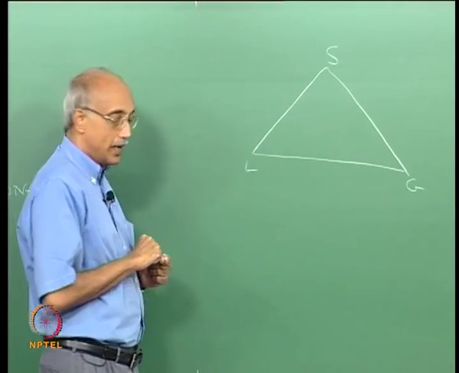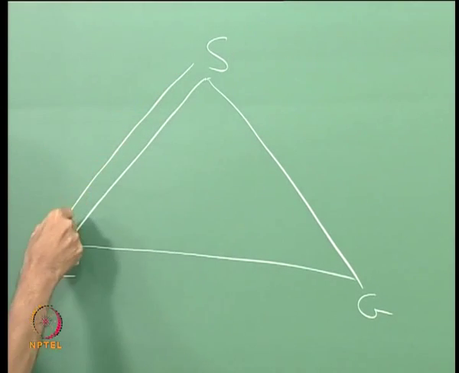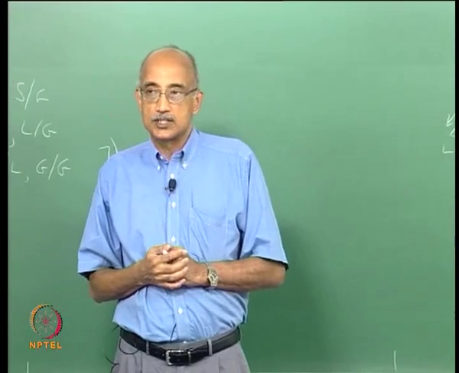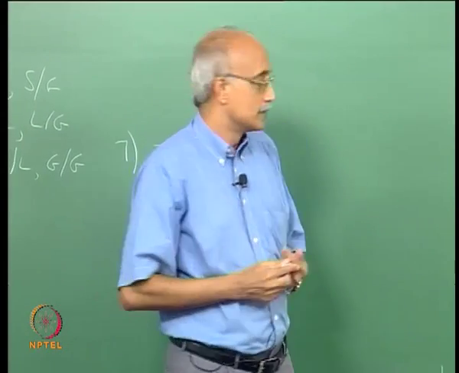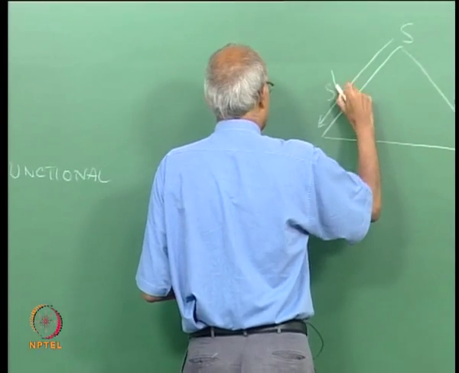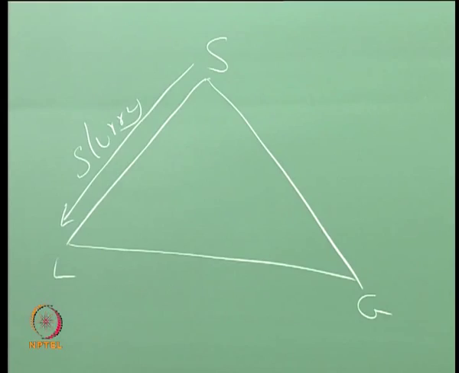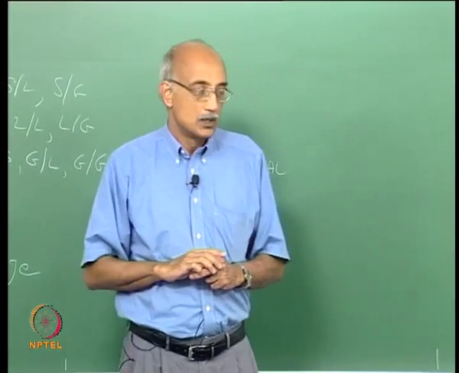Now when you have a solid particle suspended in a liquid, it happens all the time, right? What are some names for solid particle suspensions in a liquid? Slurry, for example, right? So frequently it happens that you have solid particles suspended in liquids.